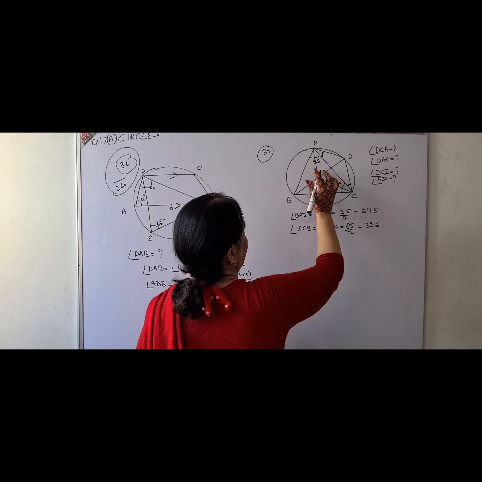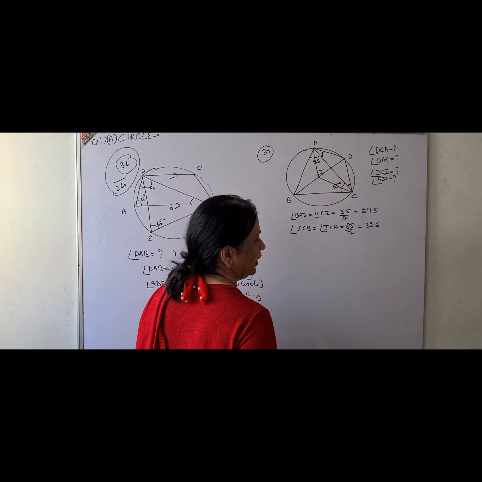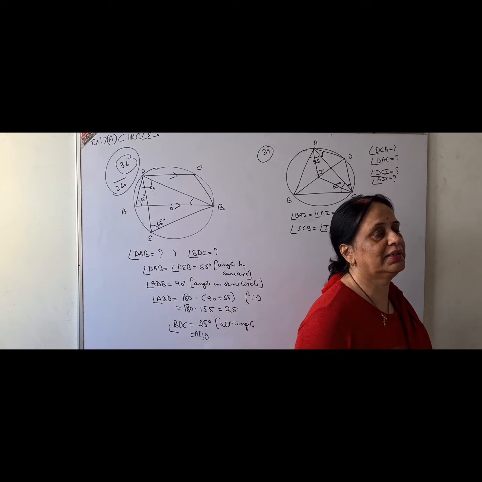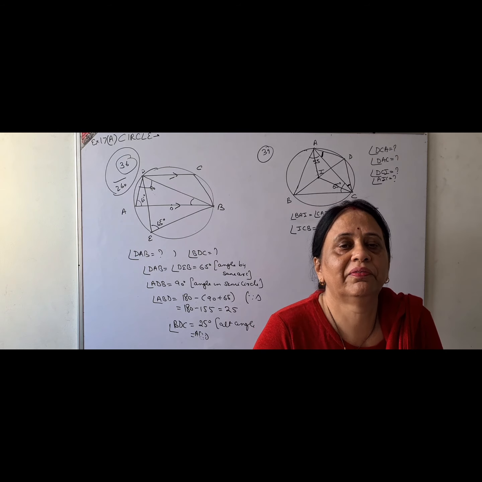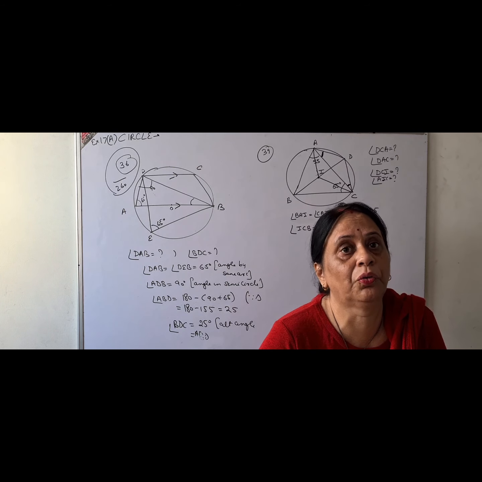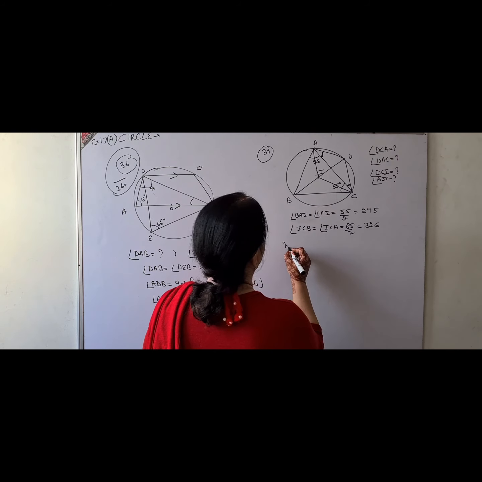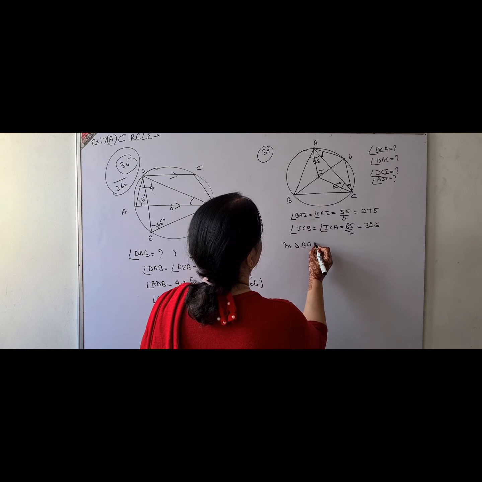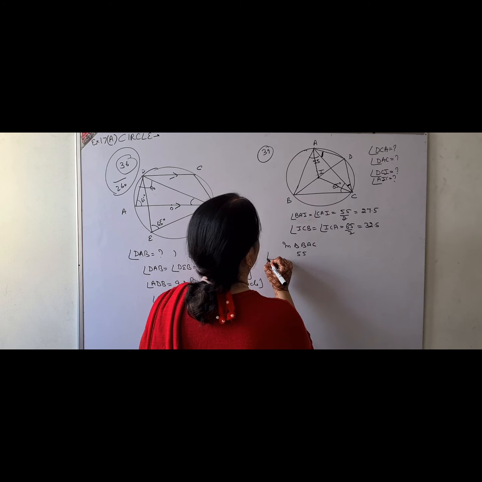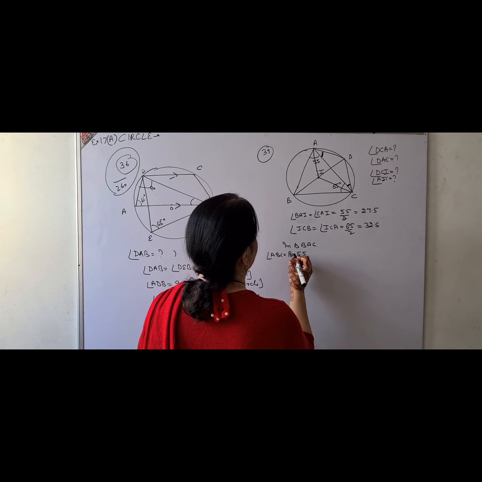So I is the incenter, not the center of the circle, it is the center of the triangle, and this incenter divides the angle at each vertex into two exactly equal halves.